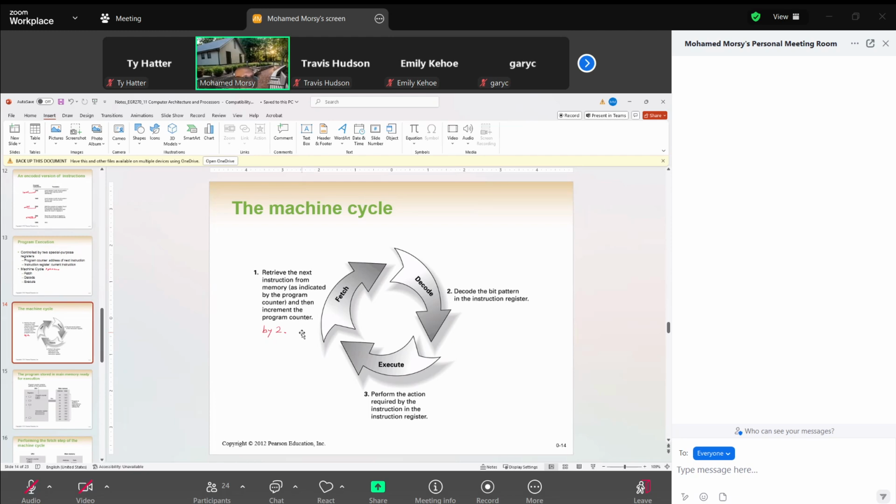We'll see this in an example. The next phase, decode, means decoding the bit pattern in the instruction. Then execute, perform the action required by the instruction in the instruction register. So these are the three phases of the machine cycle: fetch, decode, execute.